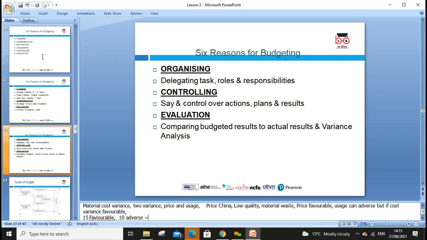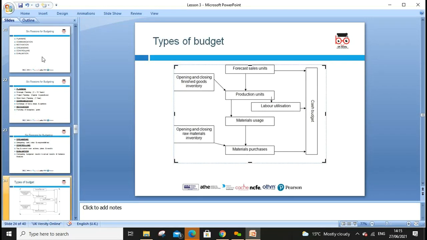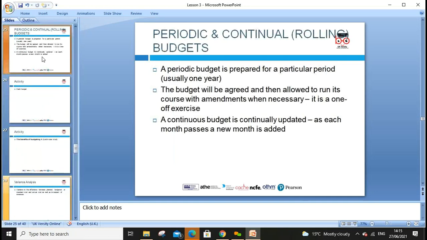So if the price variance was, let's say, £15 favorable, and the usage variance was £10 adverse, so the overall variance is £5 favorable. That way we can look around and make the decision. So the variance also helps to make decisions under management accounting.